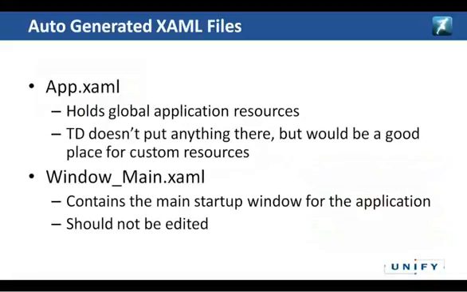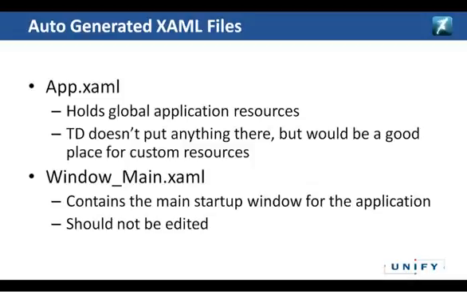The auto-generated XAML files that TD creates. There's one file which is called app.xaml. The app.xaml file holds global application resources. TD doesn't really put anything into there, but this is a good place for you to provide custom resources, be it language resources or your own style definitions.